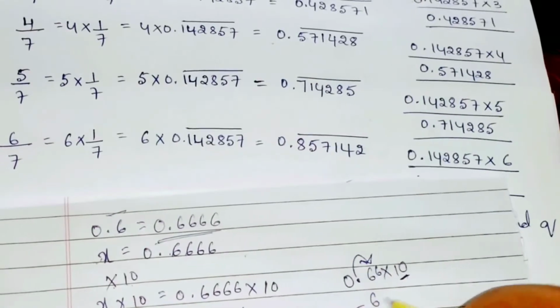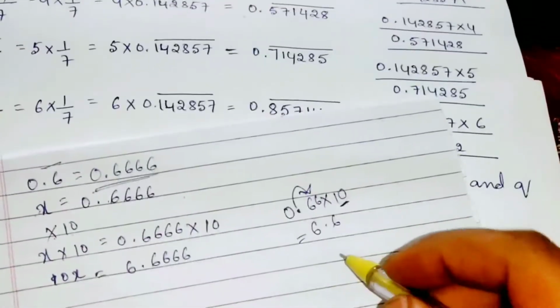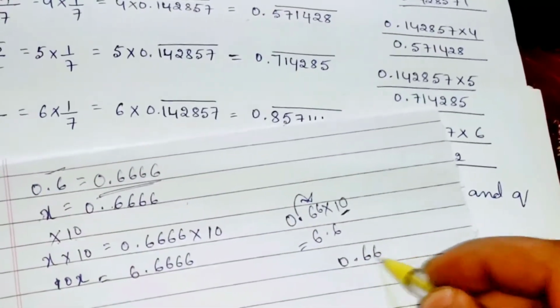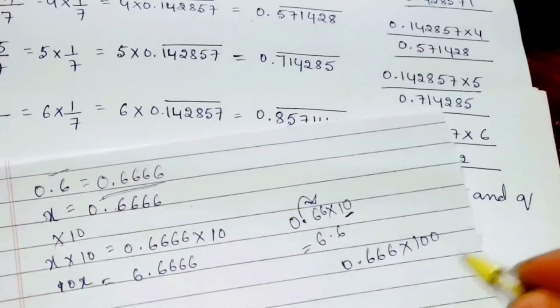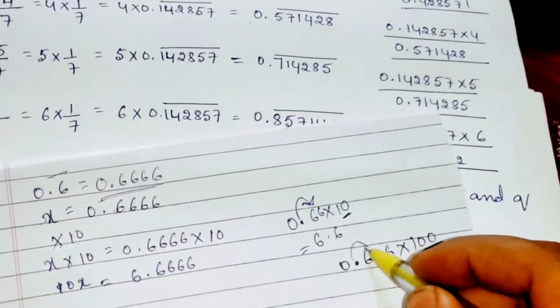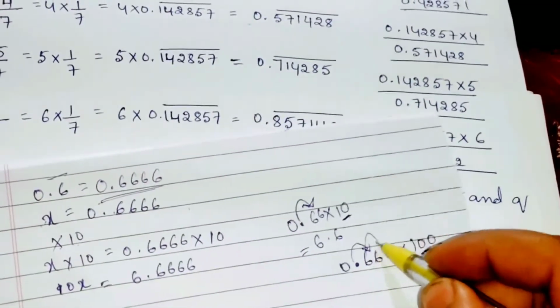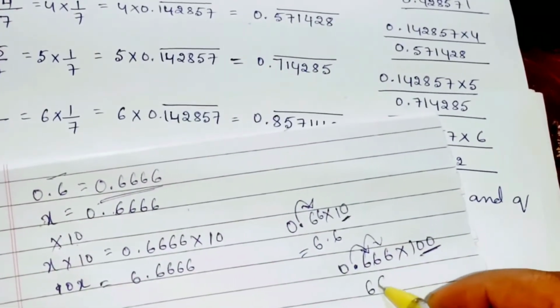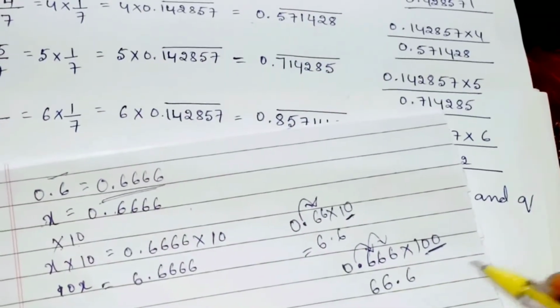Then it will be 6.66. In the same way, if you multiply 0.666 by 100, since there are two zeros, the decimal point will shift two places. Now the answer will be 66.6.